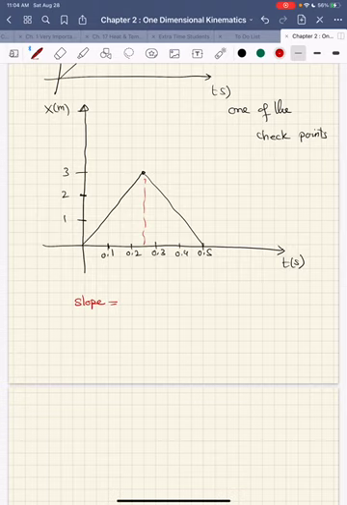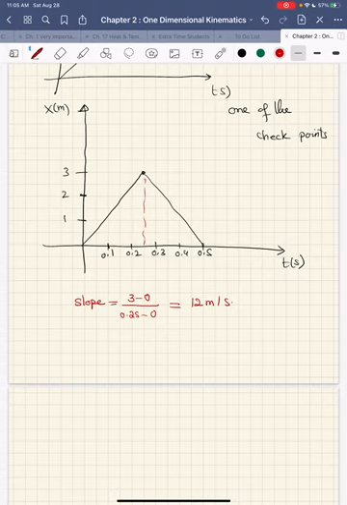The slope is 3 minus 0, the rise, divided by the run, which is 0.25 minus 0. Then it's going to be 3 divided by 0.25, and that is going to be 12 meters per second. And I think the graph is showing that it is symmetrical.